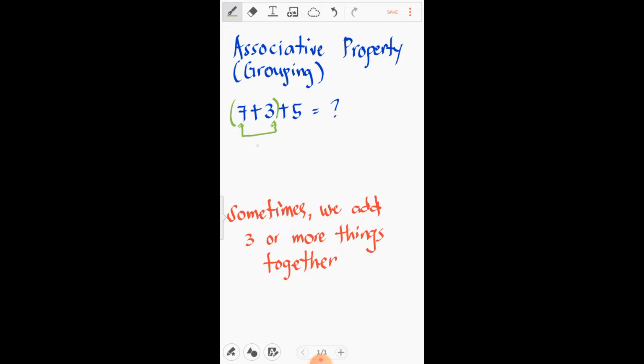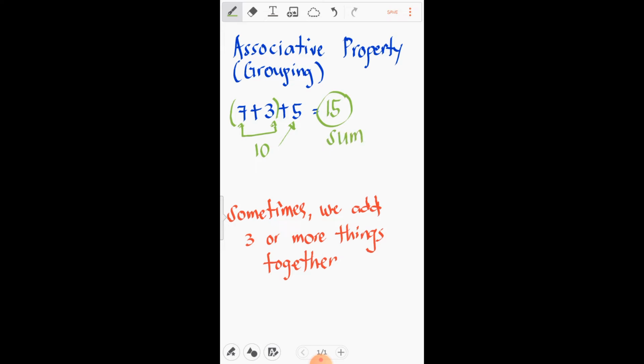So 7 plus 3, that's 10, alright. Now we still have to add one more addend. What's the remaining addend here? We have here 5. So we have to add 10 plus 5. What's 10 plus 5? Okay, this gives us 15. So 15 here is our sum.